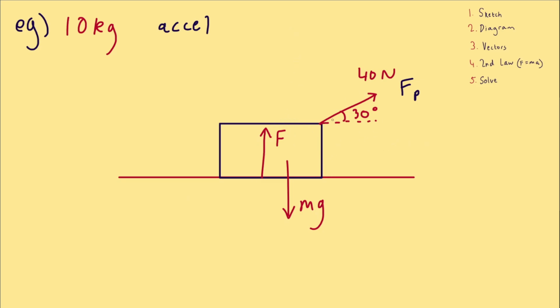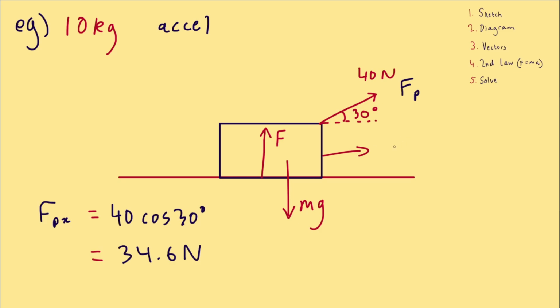It's the horizontal x component of this vector here, which we can solve for with the formula FPx, the x component of FP, equal to the magnitude of the force, which is 40 newtons, multiplied by cosine 30 degrees. We take 30 degrees from here. Put this into a calculator, you get 34.6 newtons. Great, now we know the force in this direction.